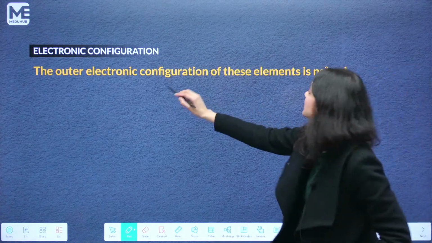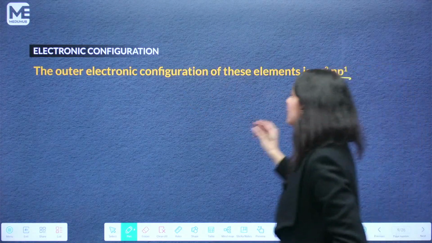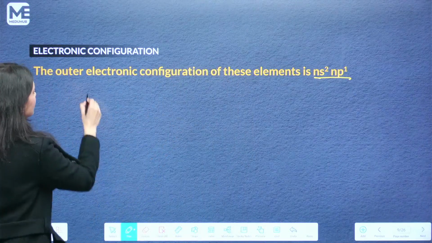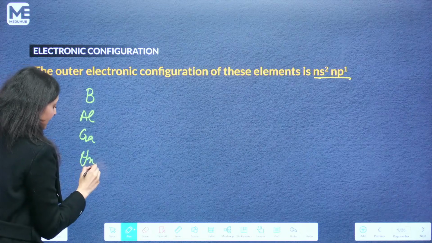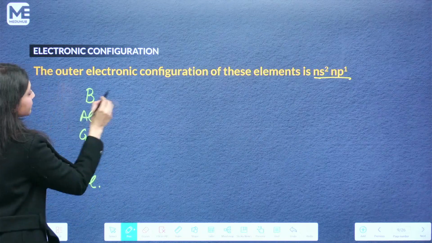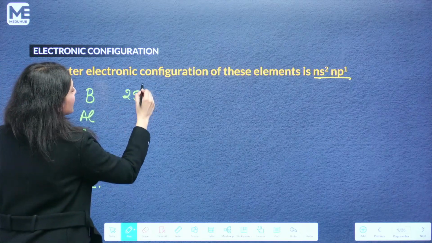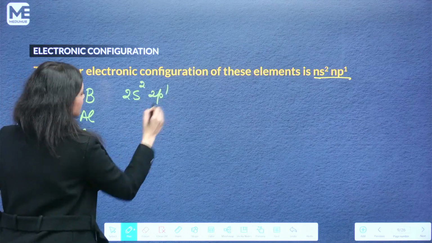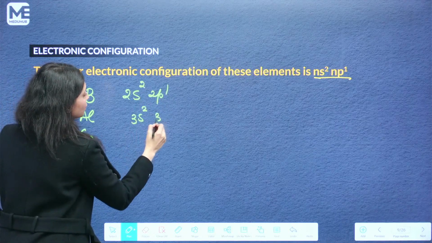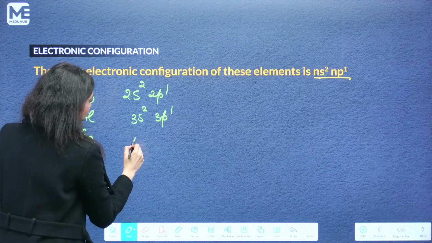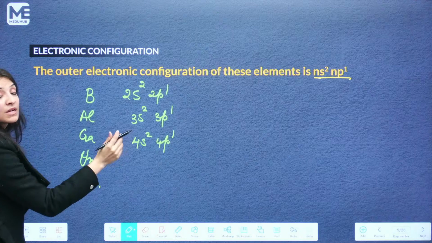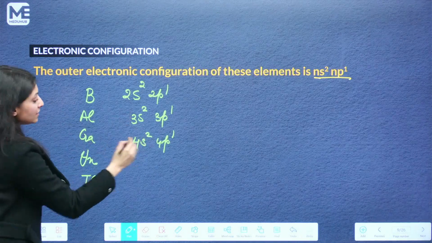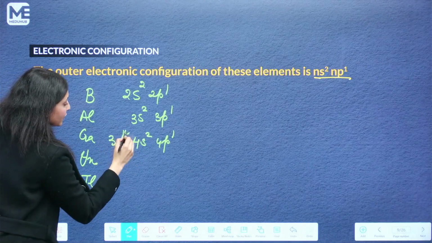So we already discussed the outer electronic configuration. It is ns2 np1. So boron, aluminium, gallium, indium, thallium: 2s2 2p1, 3s2 3p1, 4s2 4p1, but gallium comes after the 3d series, so it has 3d10 electrons also.